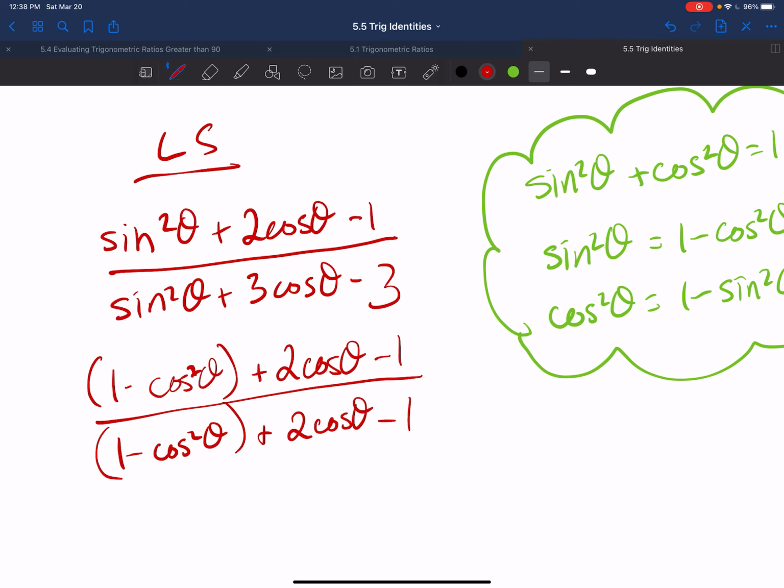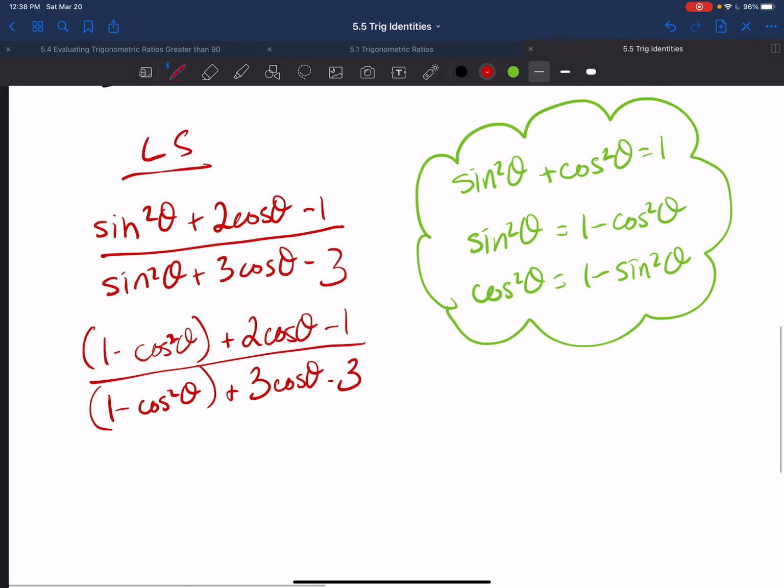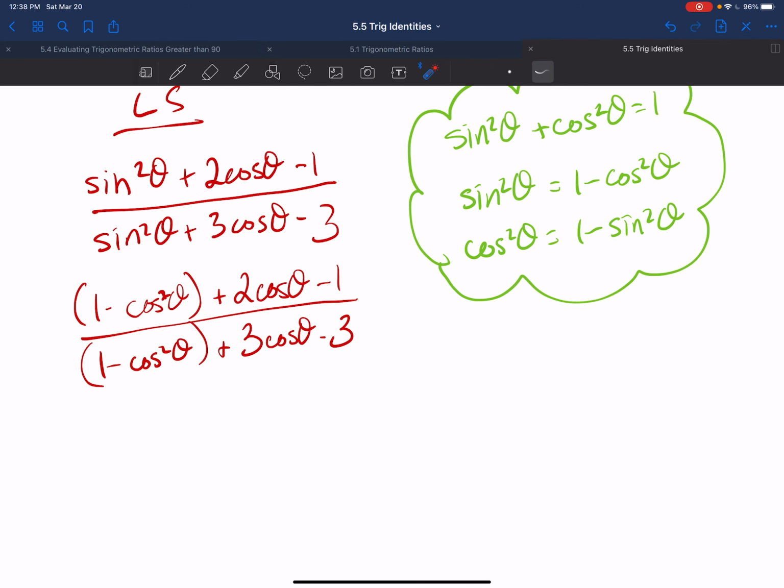Oops, 3. I'll be left with a quadratic. What was I doing? That's what happens when I talk and write at the same time. Okay, so the reason I'm replacing this with that is I still wanted to have something squared there, because I know I should be able to factor this. That's probably what's going to happen next. And that just comes with experience. You just practice enough, and you'll kind of see what the next step is going to be.